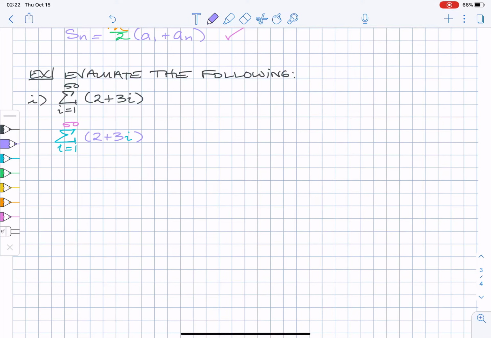Okay, so I claim that a sub 1 is going to be 2 plus 3 times 1, which is 5.